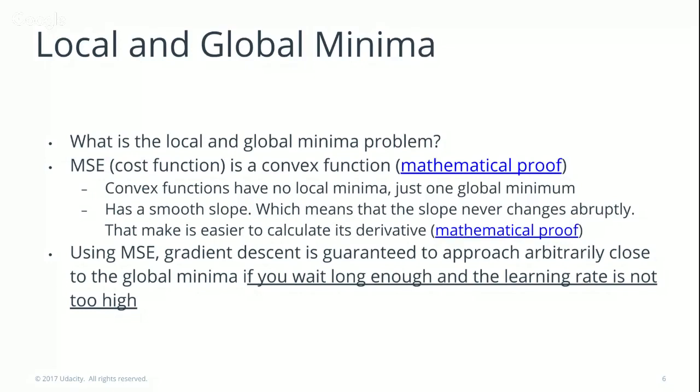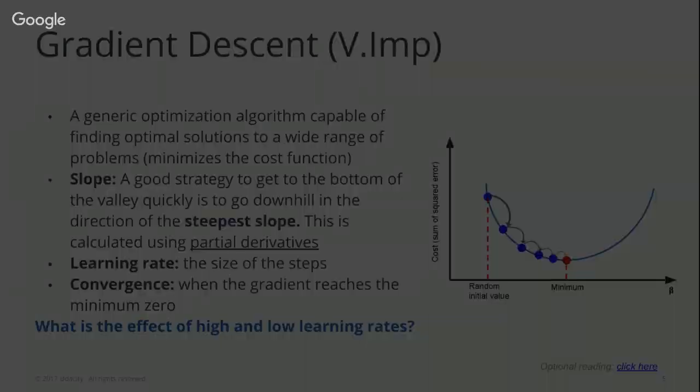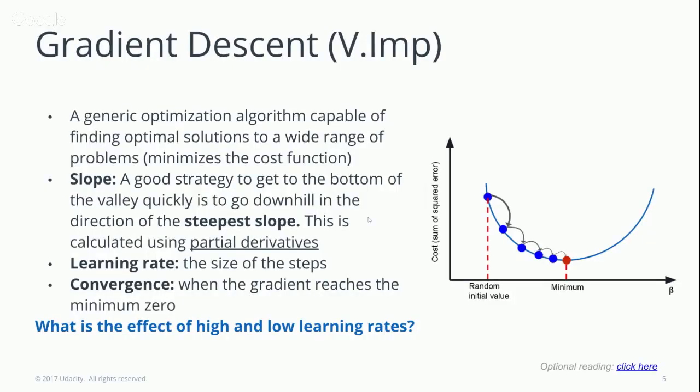In order to calculate the minimum, there are several methods you can use. One of those is the MSE cost function. It's a convex function, so it has no local minimum, it just has a global minimum, and it has a smooth slope. Remember, the cost function is what you're actually using to minimize the error between the line and the points here.